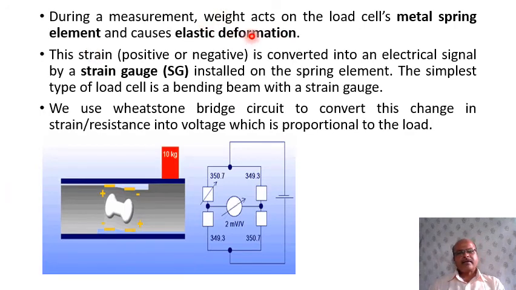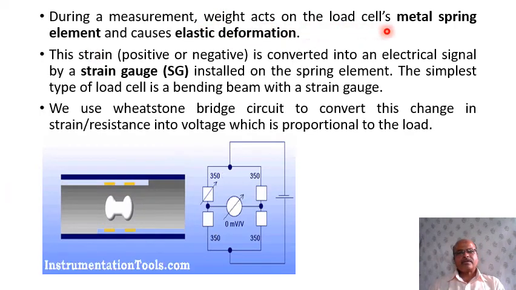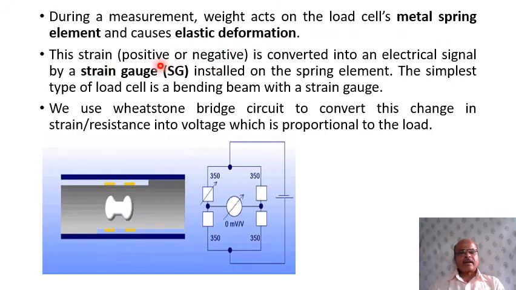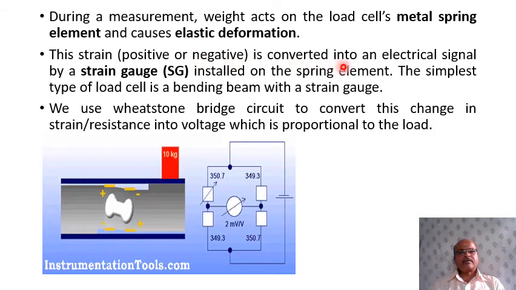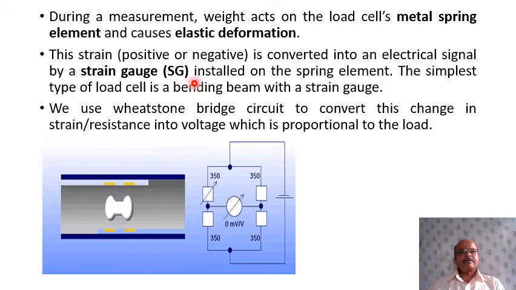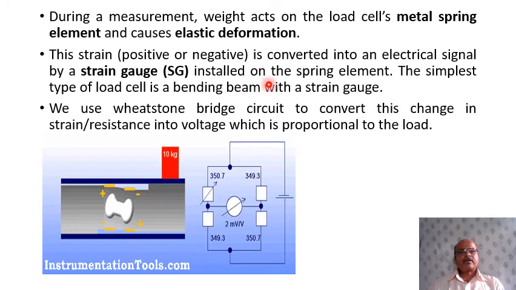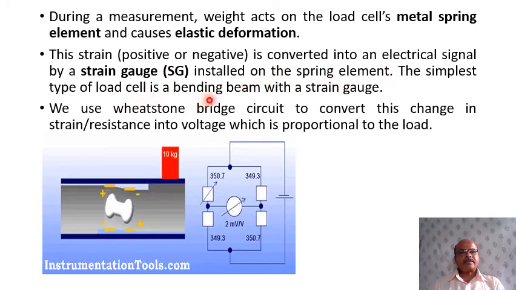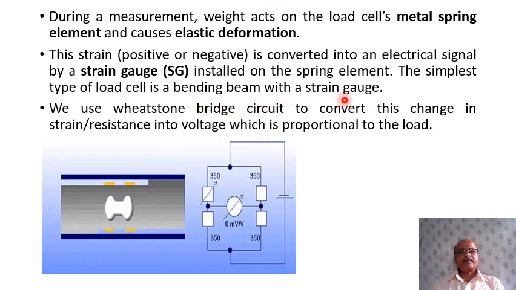During a measurement, weight acts on the load cell metal spring element and causes elastic deformation. This strain, either positive or negative, is converted into an electrical signal by the strain gauge installed on the spring element. The simplest type of load cell is a bending beam with a strain gauge.